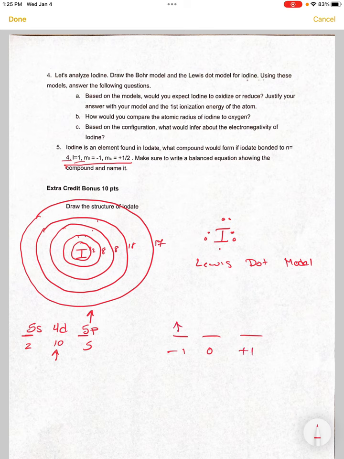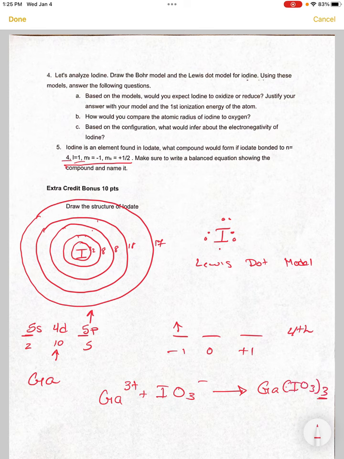So this would be the first element in the p block at the fourth energy level, which gives me gallium. If you got that, you got your first point. Gallium is going to oxidize to form a 3+ ion, and it's going to react with iodate to form gallium iodate.